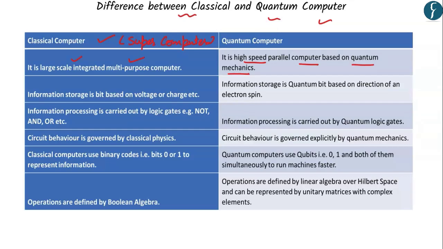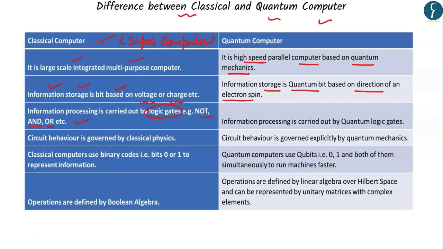And when we say quantum mechanics, it means the speed of calculation is very high. As far as classical computers are concerned, information is stored in bits based on voltage or charge. And information storage in quantum computers is in quantum bits based on the direction of electron spin. Information processing is carried out by logic gates, for example, NOT, AND, OR gates, etc.